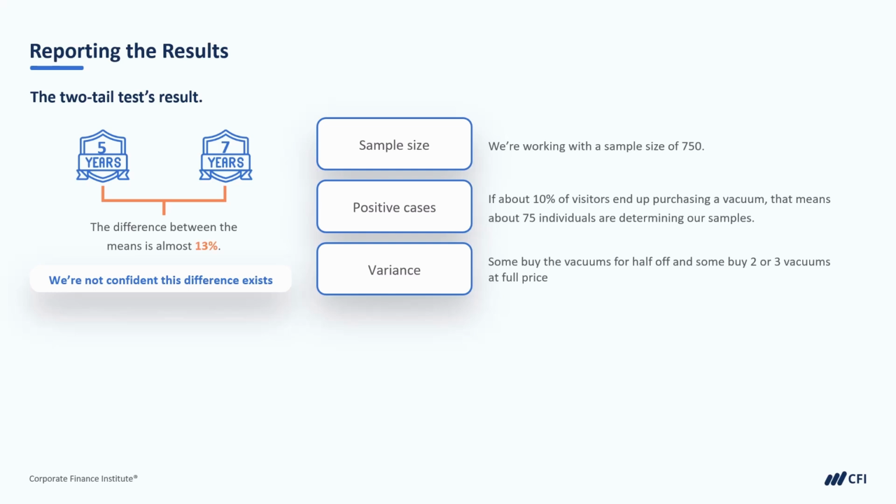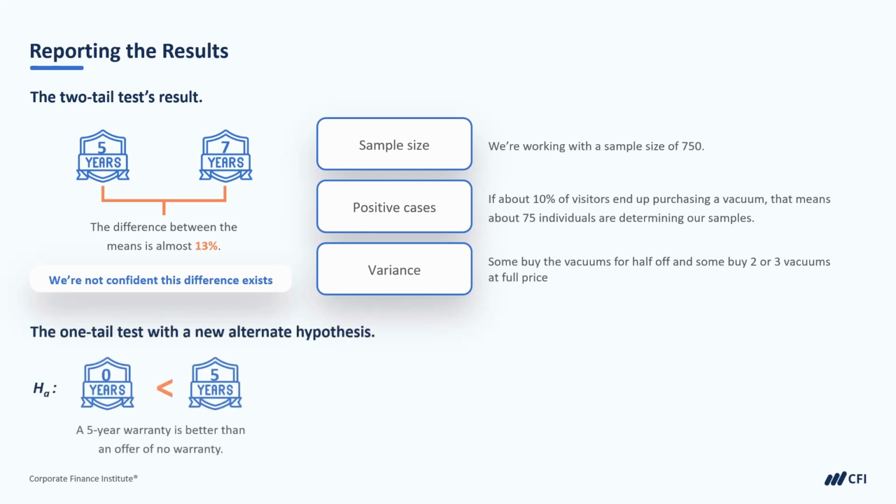Recall that based on the results of the two-tail test, for our next step, we ran a completely different type of test, the one-tail test. We had to update our alternative hypothesis, and we used different samples as well. We changed our test entirely, rather than running the same test again with a new sample of the same size.